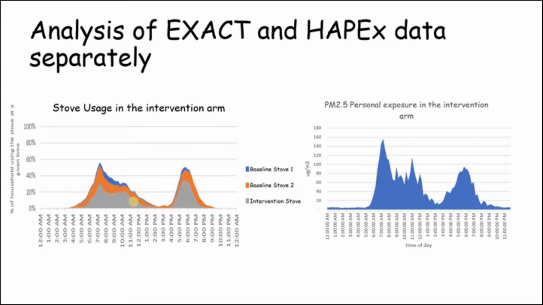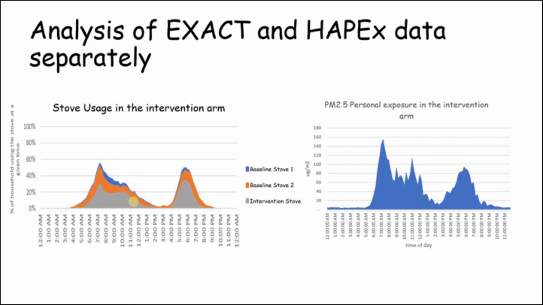On the right, we have a graph that summarizes the PM measurements, and it's the average PM in micrograms per cubic meter measured throughout the day through 15 minute intervals. So we can see that this PM exposure is kind of aligned with the stove usage, which makes sense.